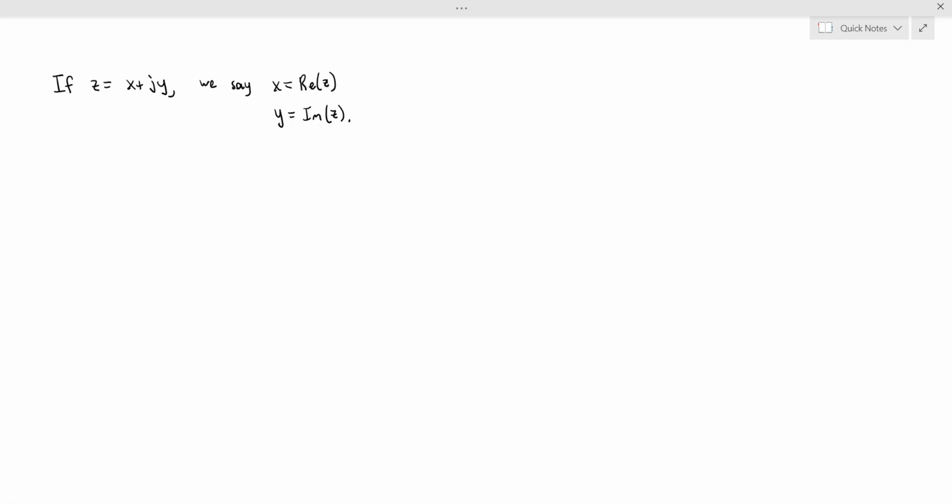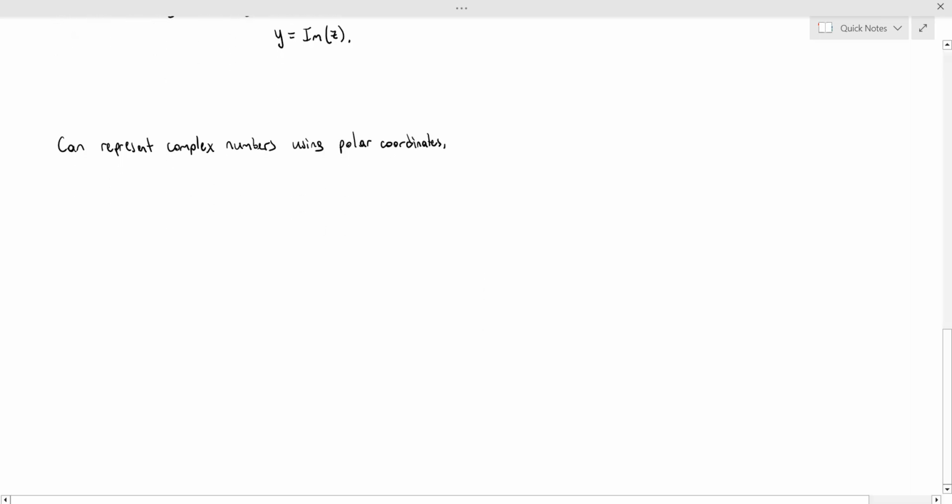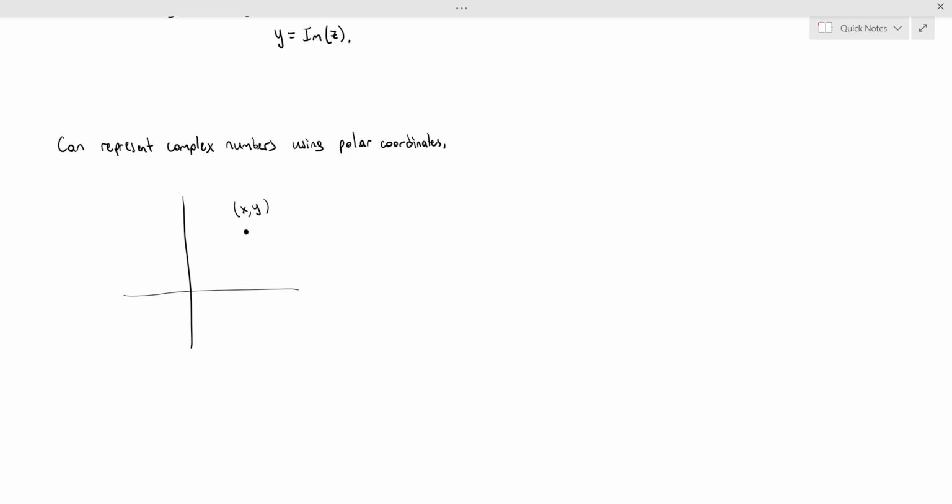One benefit is that we can represent complex numbers by using polar coordinates. Just a very quick review of polar coordinates. Remember that if we have a point xy in the plane, we can associate to this point two other coordinate numbers, r, which represents distance to the origin, and theta, which represents the angle that it makes with the positive x-axis.